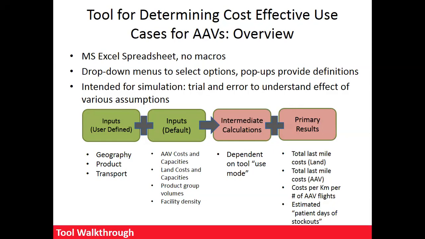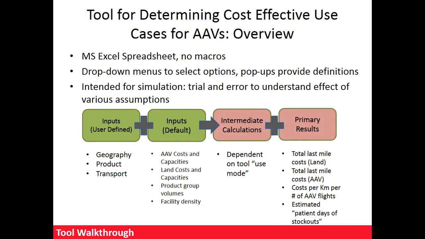As Matiko mentioned, it's intended to be a user-friendly tool, and part of that includes drop-down menus to select different options, and pop-ups that give you definitions of assumptions that are being looked for by the tool. Ultimately, the tool is intended for simulation, so trial and error to help you get a better sense of how AAVs could fit into a particular last mile delivery context.